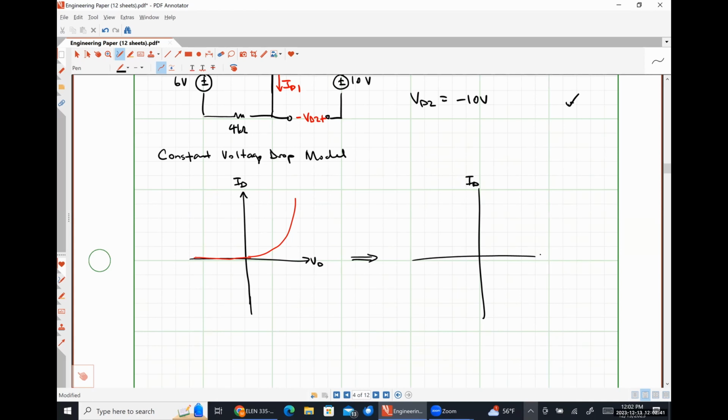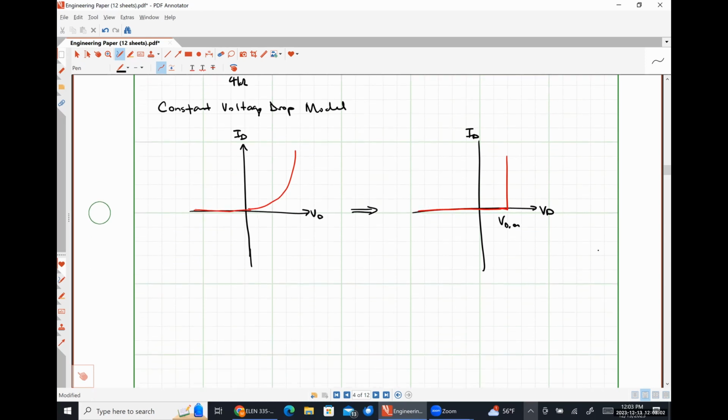So here's ID, here's VD, and we're going to see that our current is 0 up until some point at which our current turns on. And this voltage we're going to call VD on. And the value of VD on that we are going to use is dependent on the material that our semiconductor, our diode is made of, excuse me.